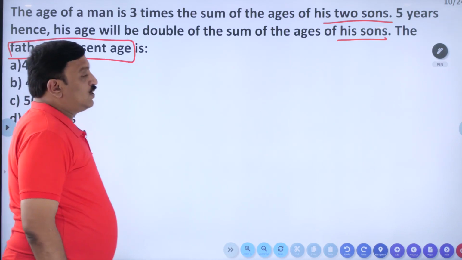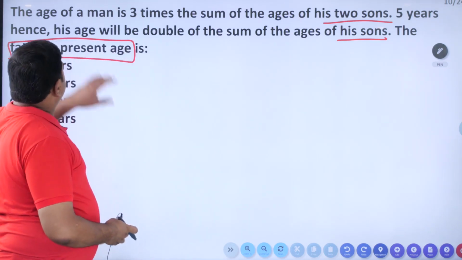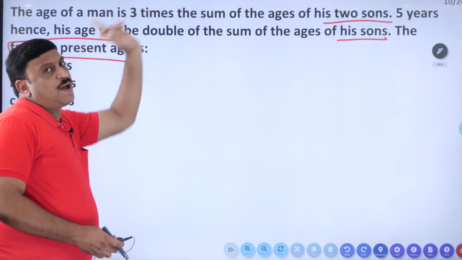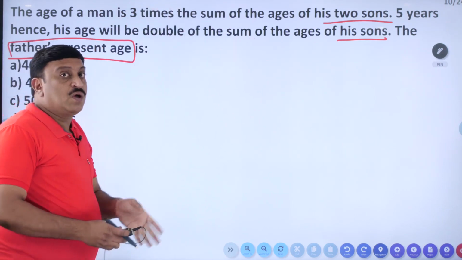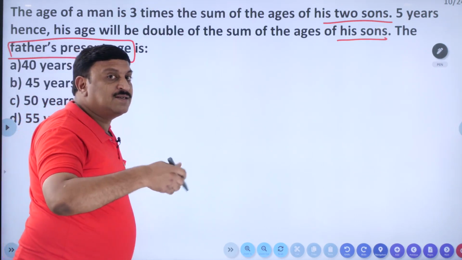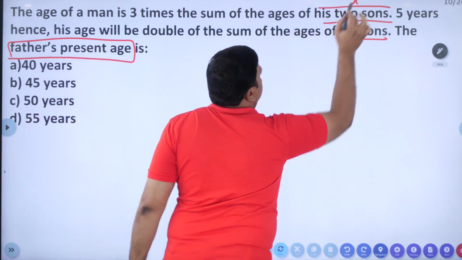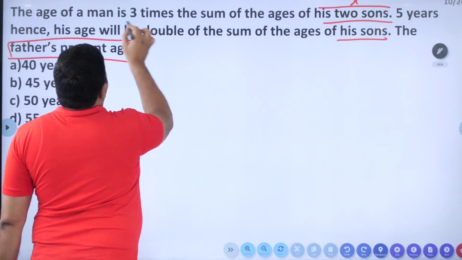Father's present age. But in the first sentence, man is compared with his two sons. So the last compared is taken as x. So we'll take this as x and start.